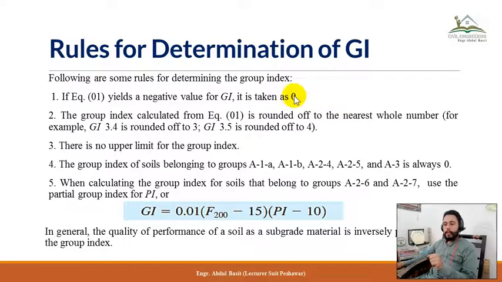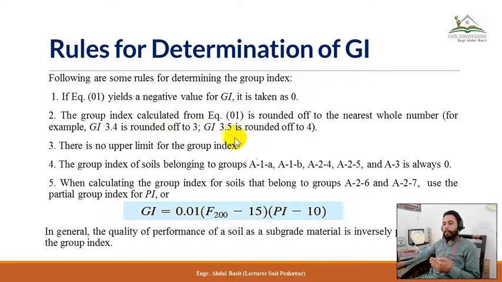Number one, a negative value should be rounded off to 0, and the decimals will also be rounded off. For example, you are getting a group index value equal to 3.4. Then it should be rounded to the nearest whole figure, which is 3 for this case.